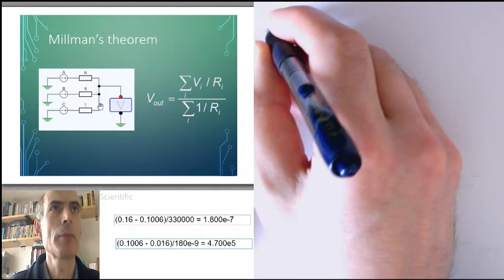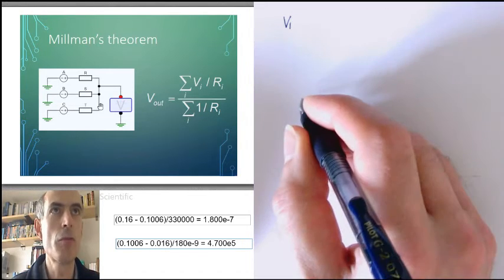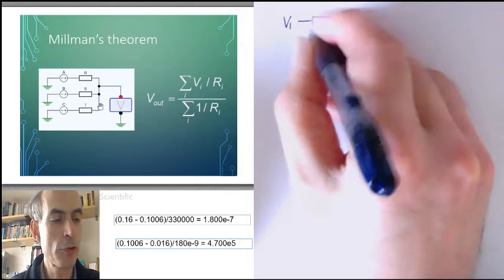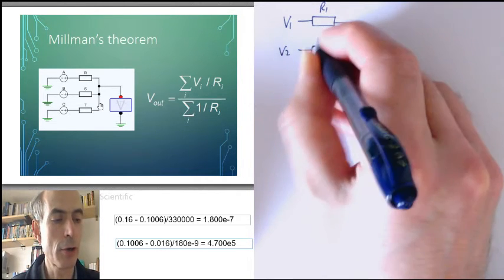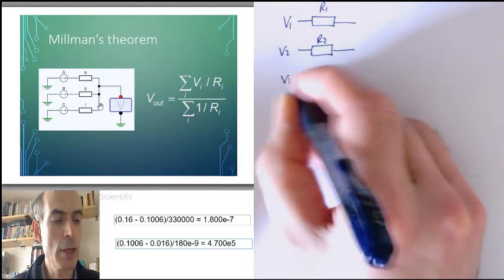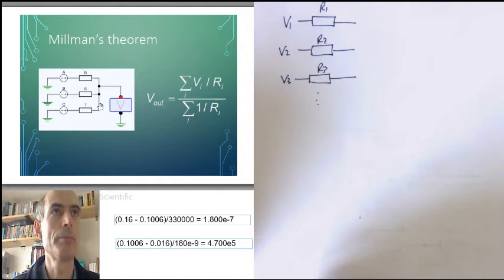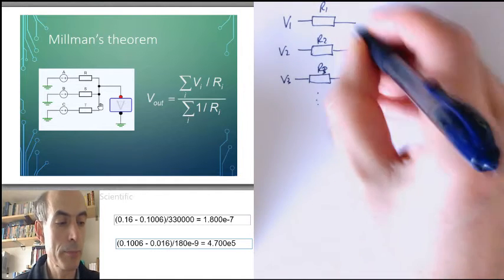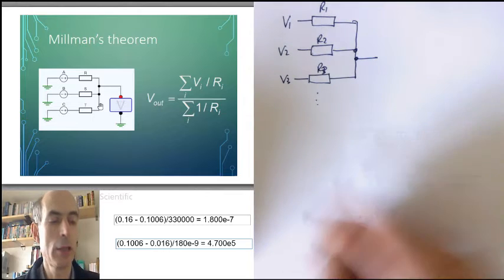In general, let's consider the situation that we have a voltage, I'll call it V1 here, through a resistor R1, and V2 through a resistor R2, and V3 through a resistor R3, and so on. And they all meet up. And the voltage at this point here is Vout.